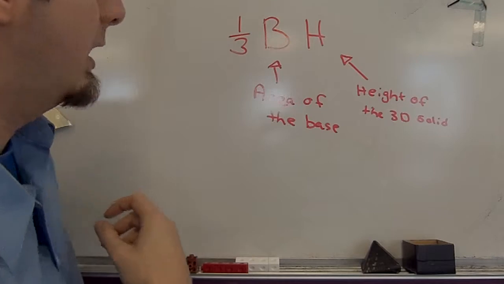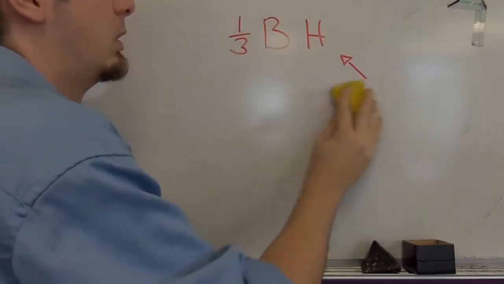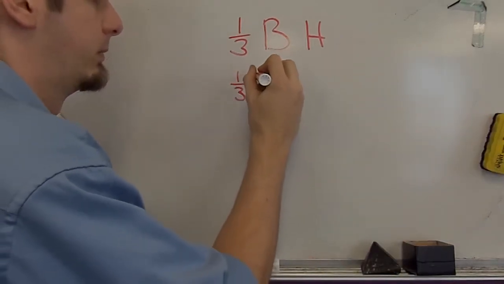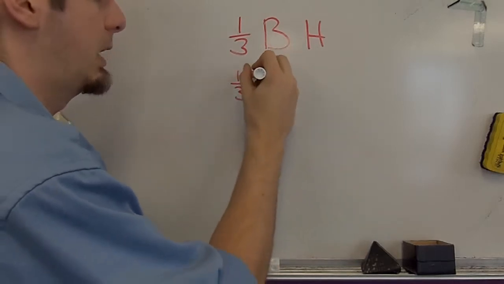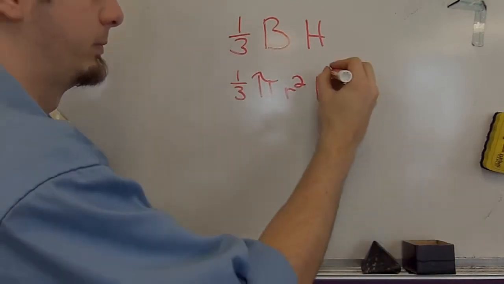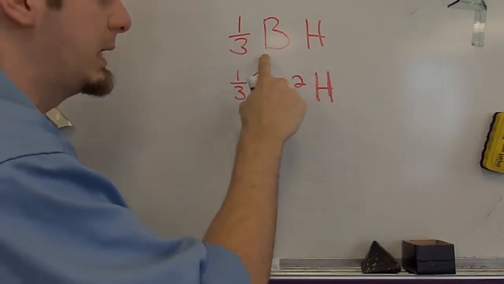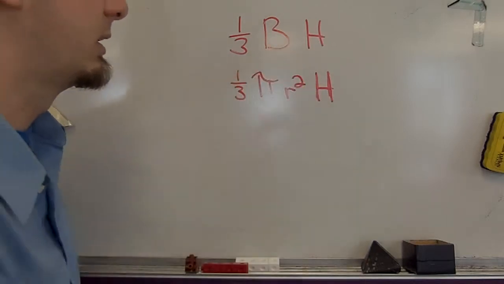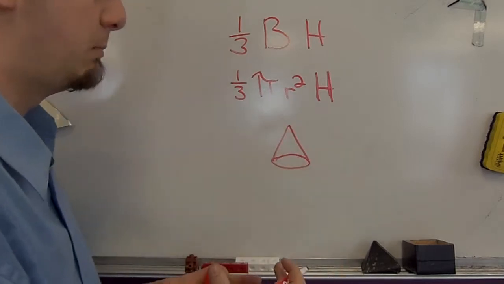So when we're talking about the volume of a cone, we are doing 1/3, and if I replaced B, I would be doing 1/3 times pi r squared times big H. I would replace big B with the area formula for the base, because big B means area of the base. And for a cone, which looks kind of like this, the base is always a circle.